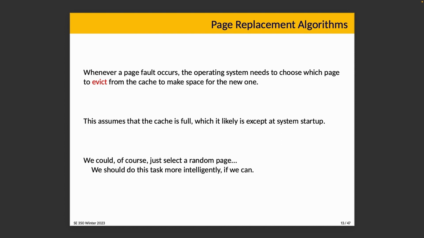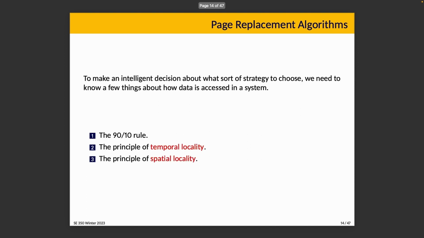Another thing is it would be interesting if we know any predictions. Like if this is looked at, then does it indicate that we're likely to look at the next thing in the sequence?